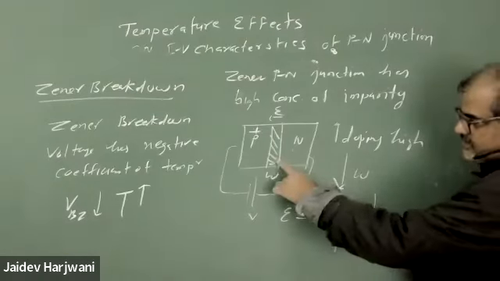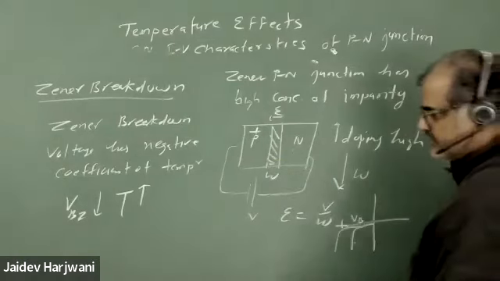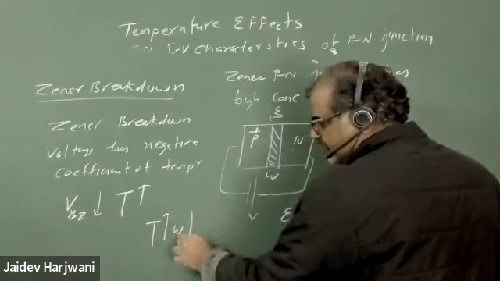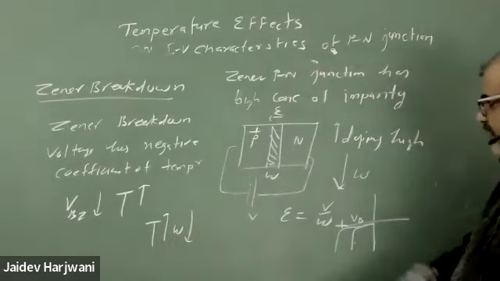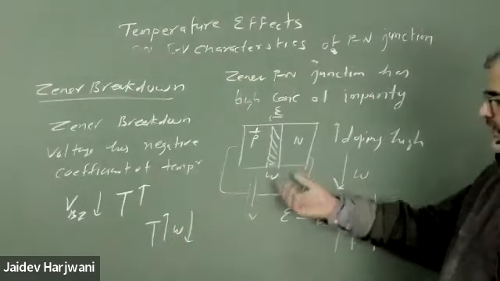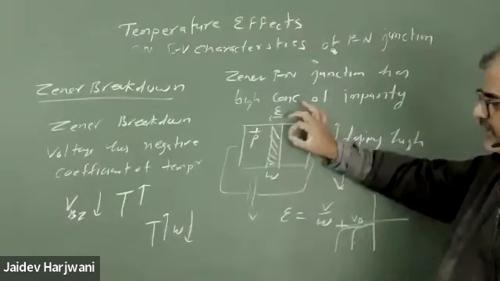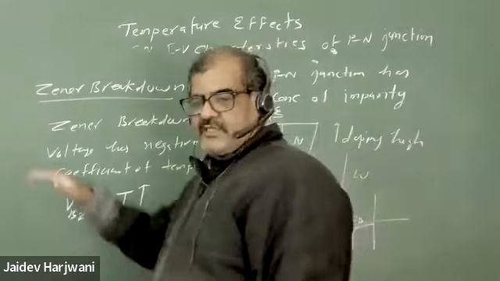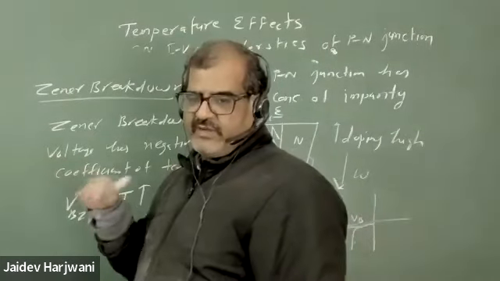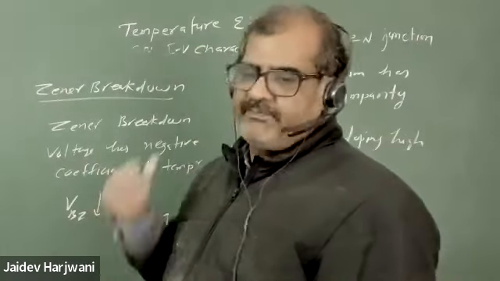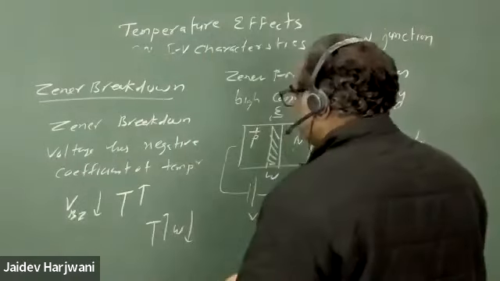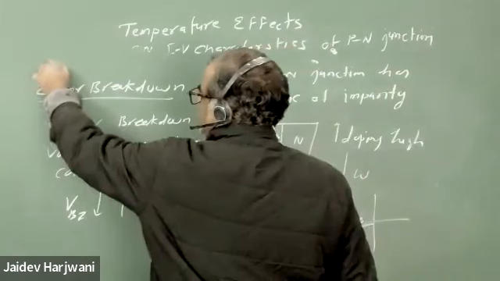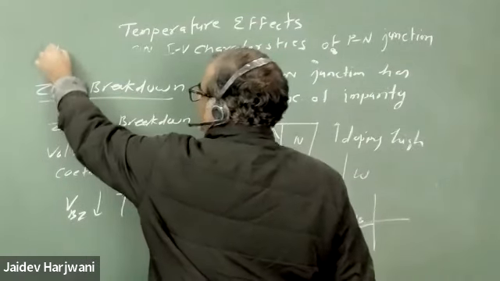Now when you increase the temperature, this width goes down even more, compared to this, which is already very thin. So there's a very high electric field, and this high electric field is sufficient to break the bond. In avalanche breakdown, the mechanism of breakdown is impact ionization, while in Zener breakdown, the breakdown is assisted by the electric field.